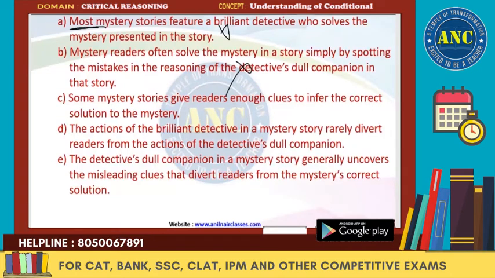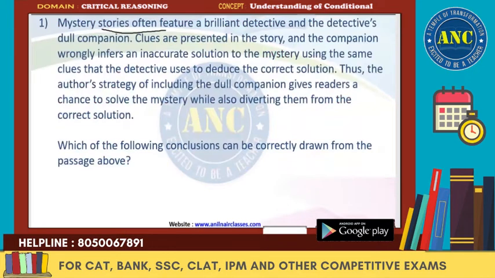Option C. Some mystery stories give readers enough clues to infer the correct solution to the mystery. Now, if you go back to the paragraph, it says clues are presented in the story and the companion wrongly infers an inaccurate solution to the mystery using the same clues that the detective uses to deduce the correct solution.